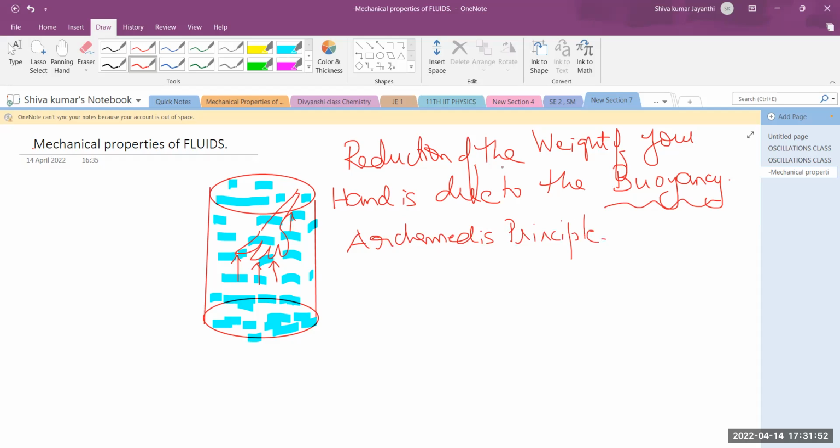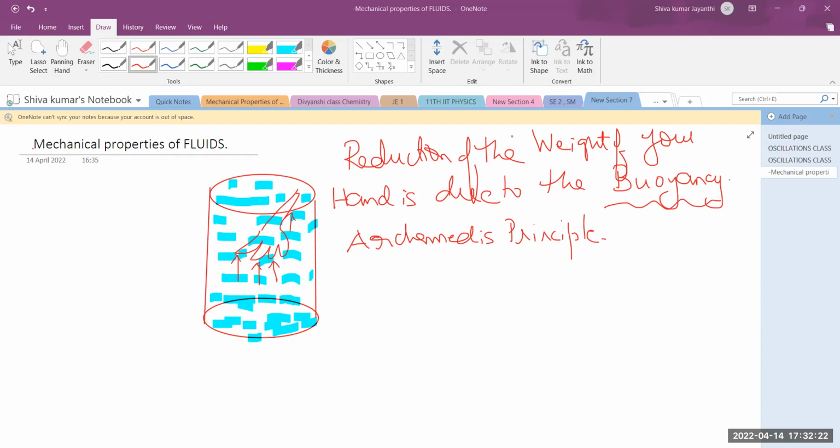The Archimedes principle says this only, about the buoyancy force. Buoyancy force is basically the force with which any solid experiences an upward push from the liquid. When you try to push something into the liquid, it doesn't allow you, it will try to push you away. You'll observe this mostly in a swimming pool, and even in your bathtub.